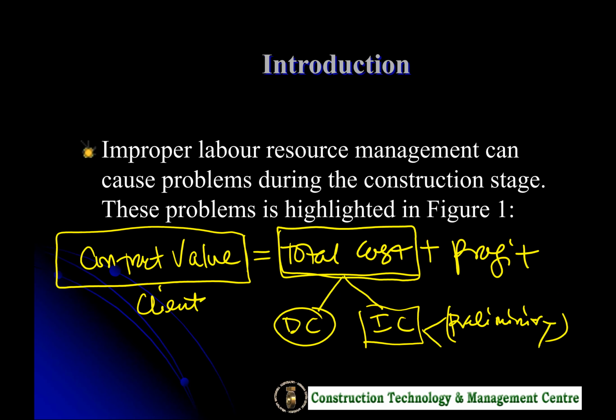All the paperwork, all the computer software can be part of this preliminary. But preliminary is not much. Maybe if you are familiar with the contract, it could be around maybe 5%, depending on how big is the project. If you calculate 5% out of 1 billion, that is a lot already. So that's why the range would be, I would say, less than 10%.